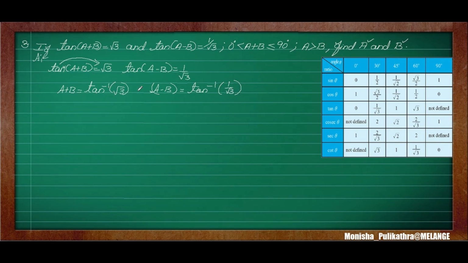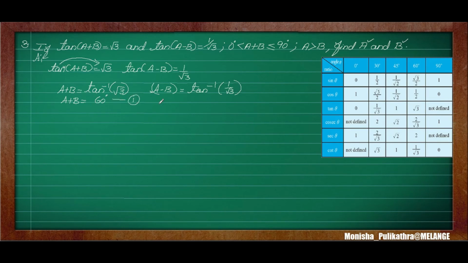Tan inverse of root 3 is 60 degree. So a plus b is equal to tan inverse of root 3, which means 60 degree.